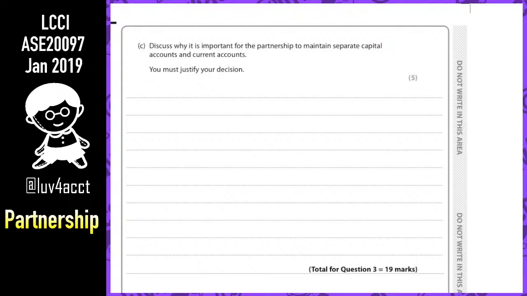If a separate current account and capital account are maintained, it is called a fixed capital system.